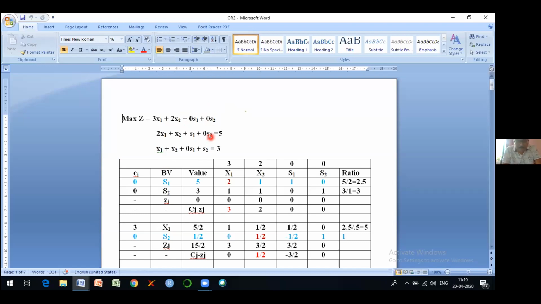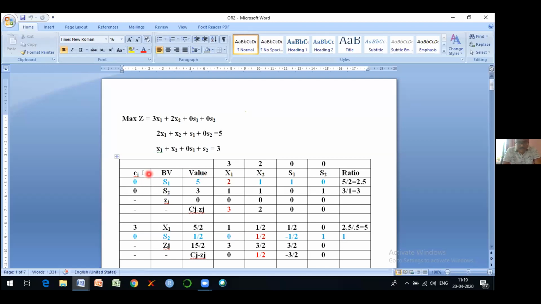Now one by one, we are coming to explain the various tables under the simplex method. First you will write Cj in your table, remember this, Cj. Then BV, that is basic variable. Then value.